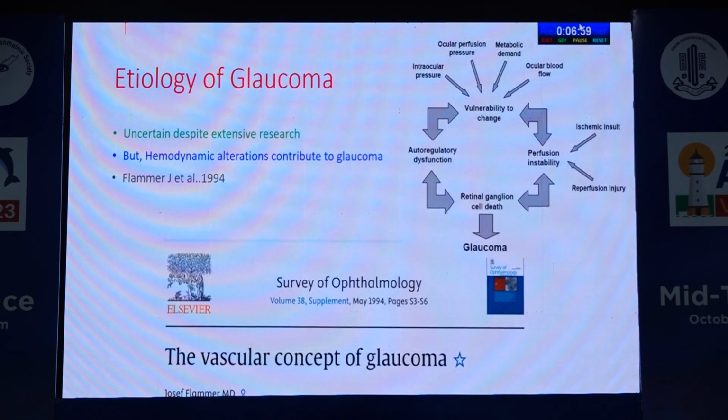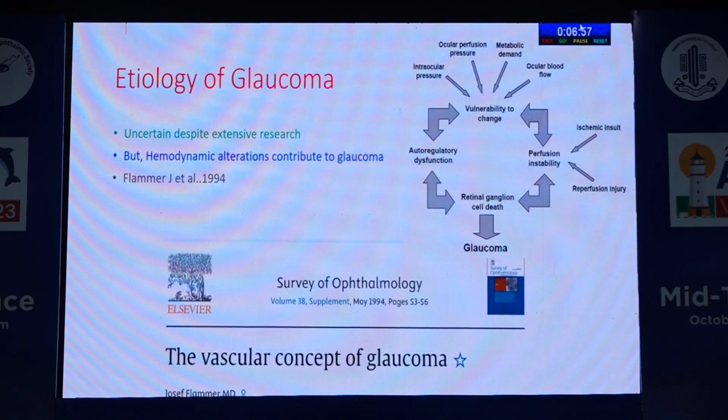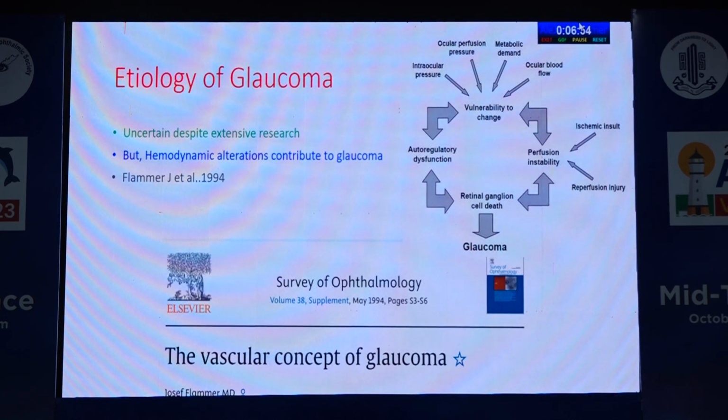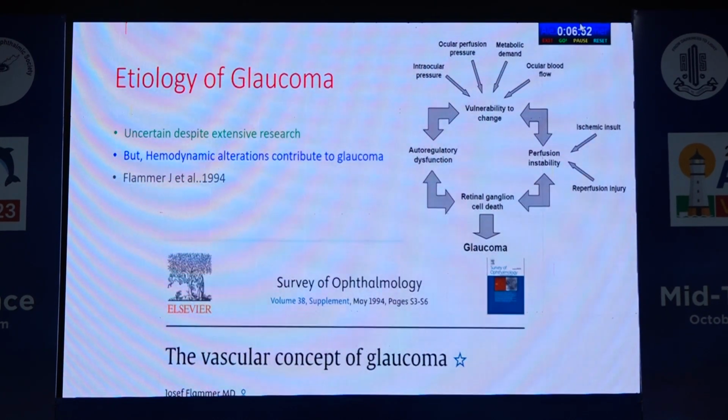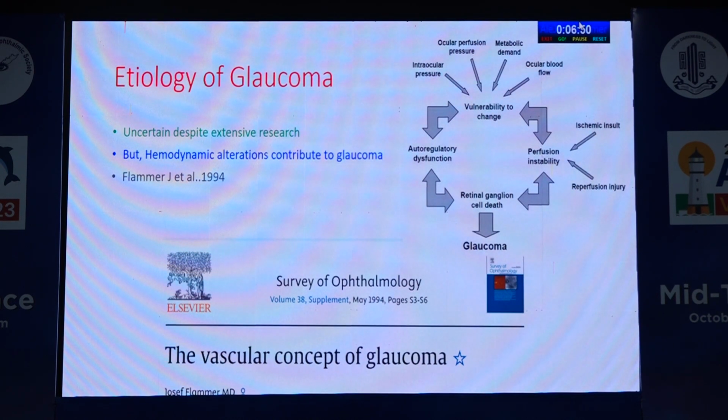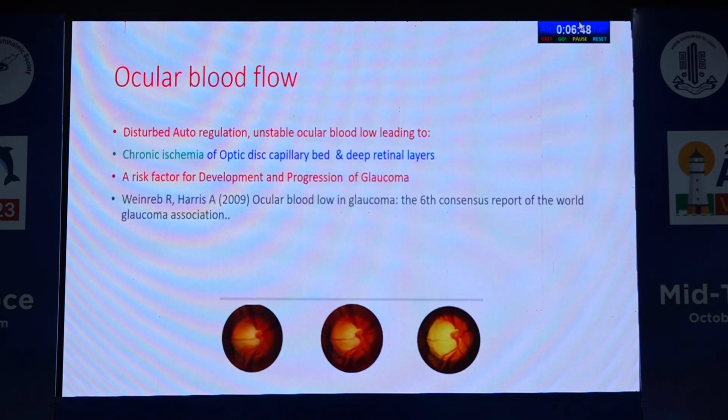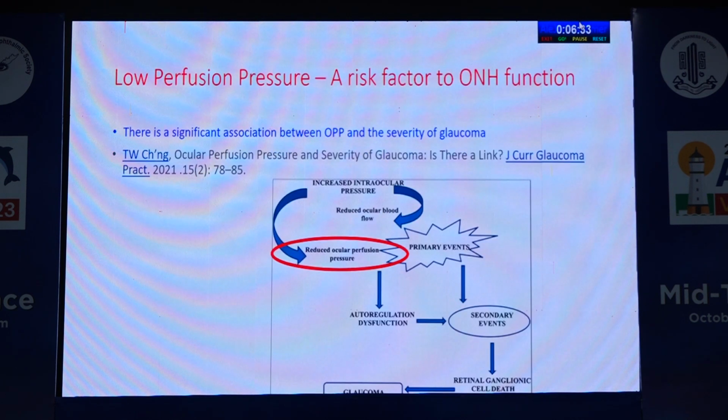The etiology of glaucoma is still uncertain despite many experimental researches, but hemodynamic alterations contribute to glaucoma. Disturbance in autoregulation and unstable ocular blood flow lead to chronic ischemia of the optociliary bed and deep retinal layers, and is a risk factor for the development and also the progression of glaucoma.